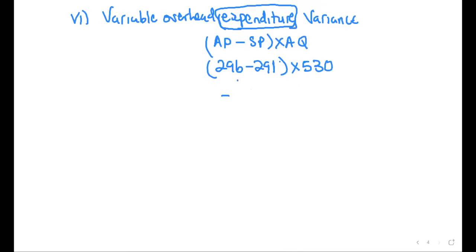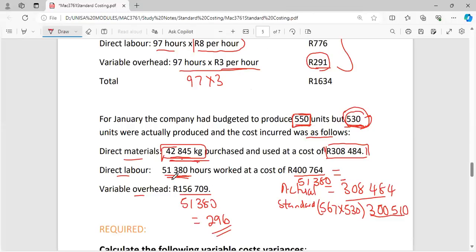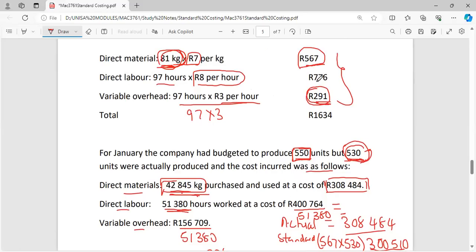Okay, you want us to use which one? This one, 51,380. Remember this 291 is the cost.